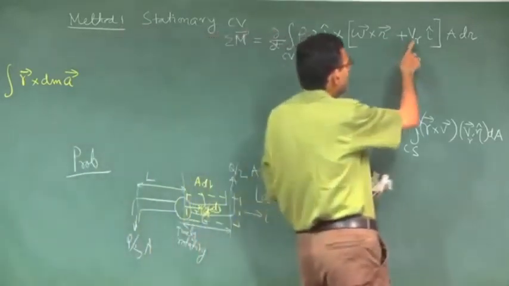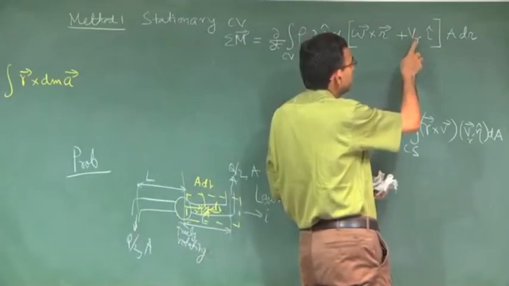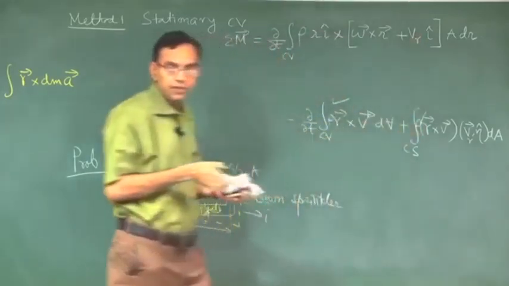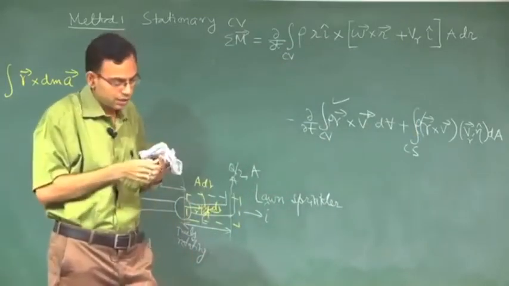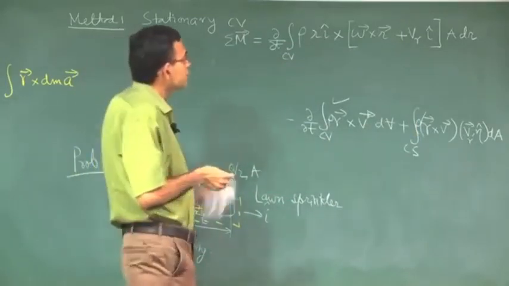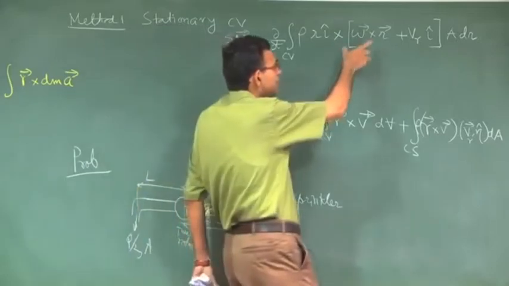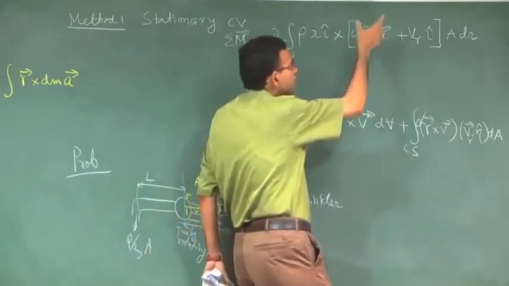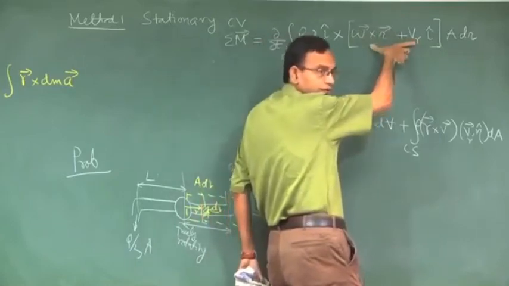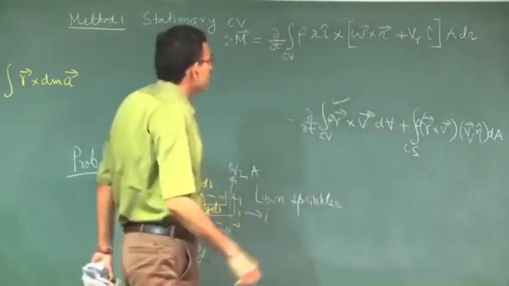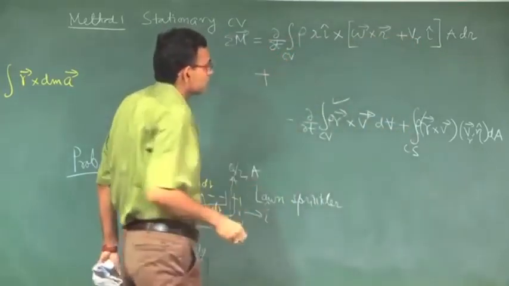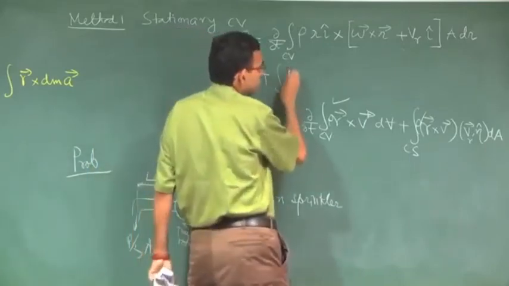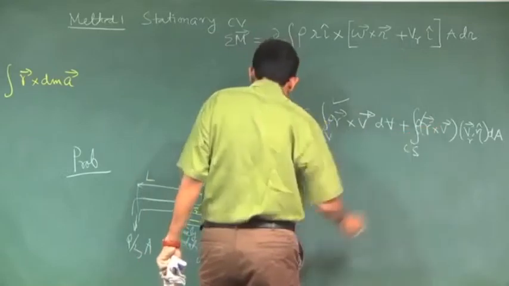This term I hope all of you have followed. This is the velocity of the fluid relative to the sprinkler, that is water relative to the sprinkler, how it is flowing. Remember, because it is an inertial frame, everything is absolute, we cannot write relative here. So the absolute velocity has to be written, plus integral rho r cross v.